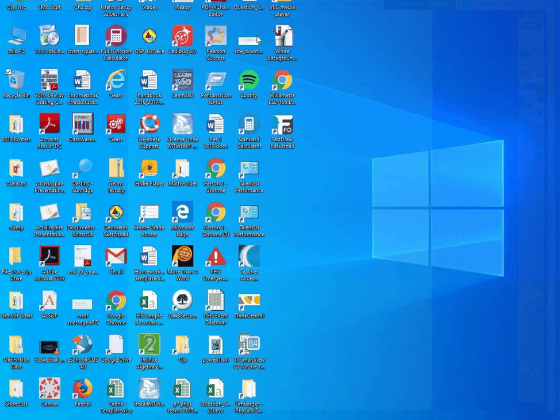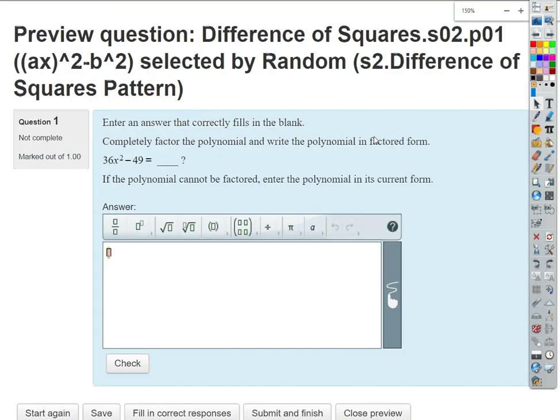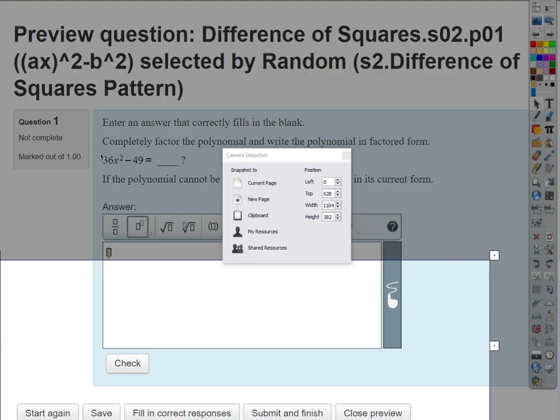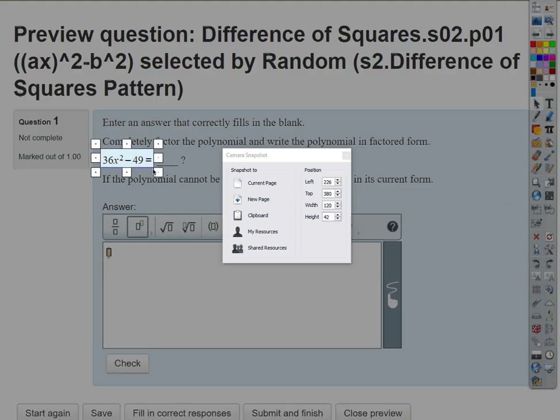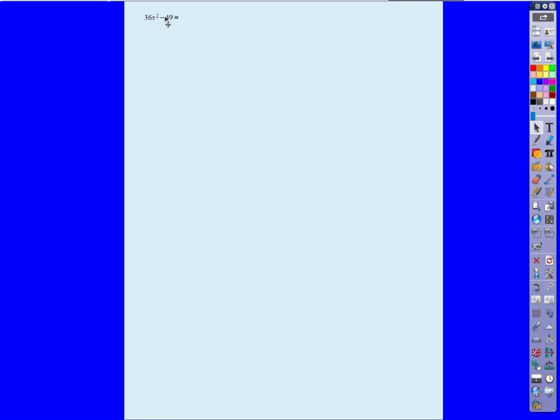All right, so try this one. Okay, on your notes, we'll talk about this, but just give that one a try for a second.